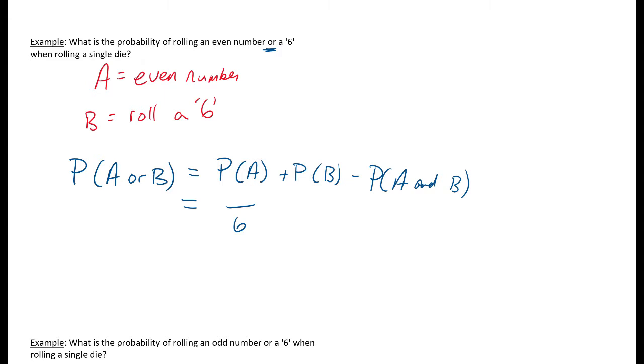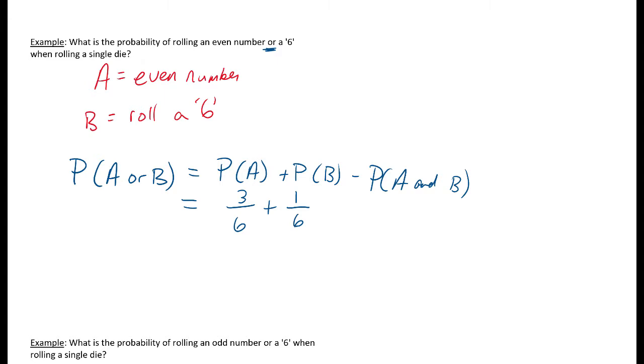So we have 3 even numbers on a 6-sided die. So the probability that we roll an even number is 3 out of 6. Plus the probability of B. The probability we roll the number 6. Just the number 6, where there's only one 6 on a 6-sided die. So that's why we have 1/6 for that probability.